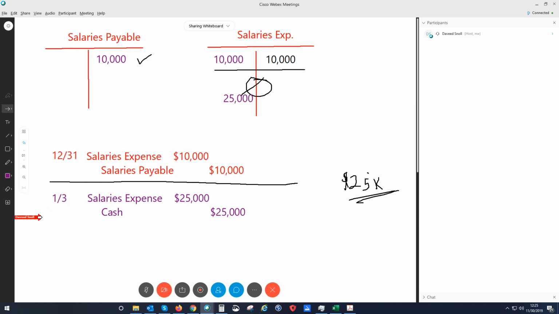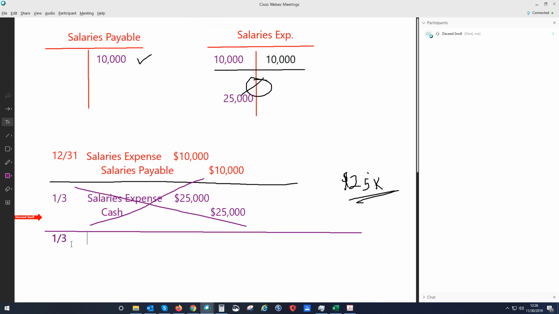So there's two ways that we can fix this problem. One of those ways is just to get our clerk to understand that this is not the correct thing to do. And so what the clerk would do is do an entry on 1-3. That would be salaries expense of $15,000, salaries payable of the $10,000 because we're paying that off, and then cash of $25,000.